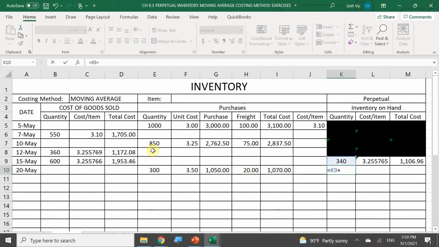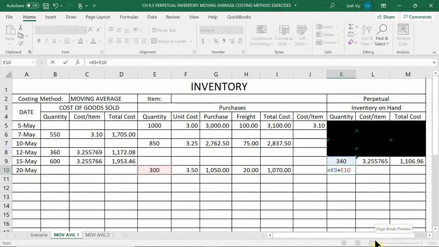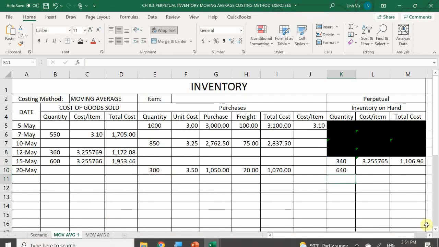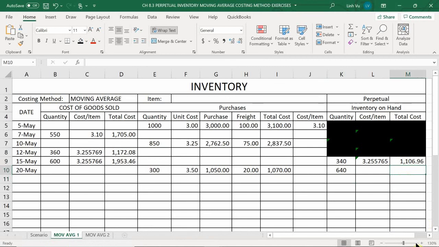So now let's go ahead and update our inventory because now we have new quantity. So what is my new total quantity? 640. Okay. What's my new total cost? 2,176.96. Good. Okay.